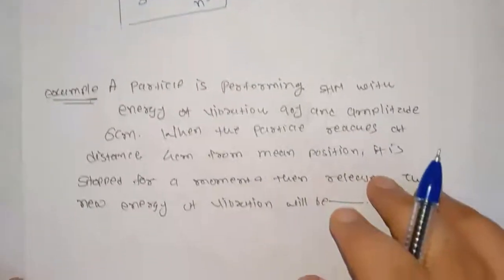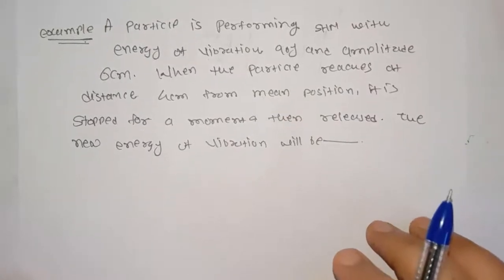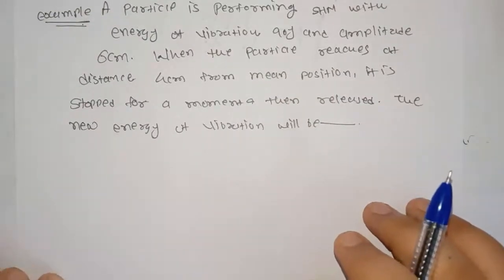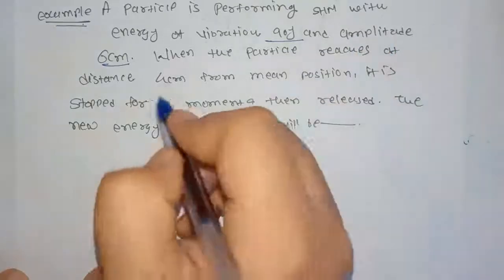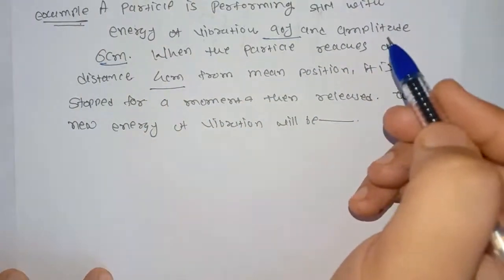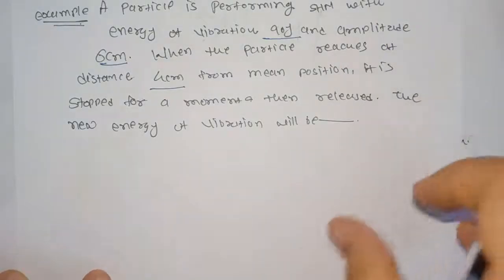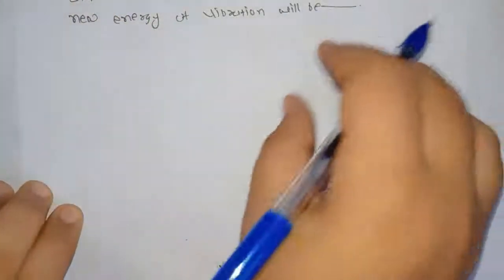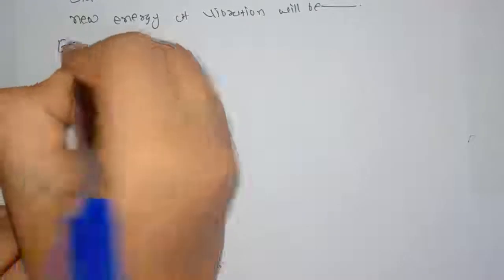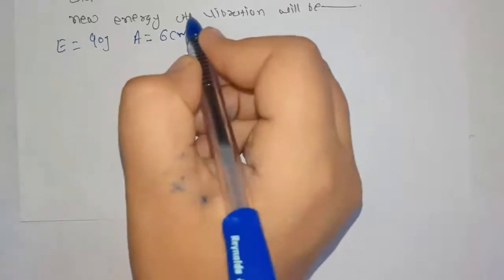Now, in the next example, a particle is performing SHM with energy of vibration 90 joule and amplitude 6 centimeter. When the particle reaches a distance of 4 centimeter from the mean position, it is stopped for a moment, then released. We want to find the new energy of vibration. Here, the energy is 90 joule and the amplitude is 6 centimeter.